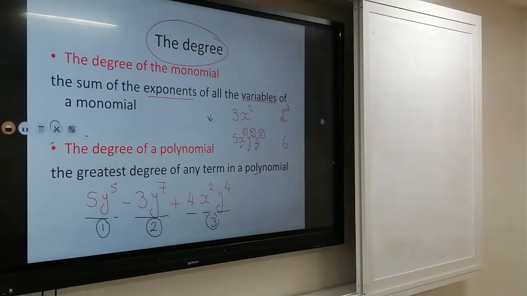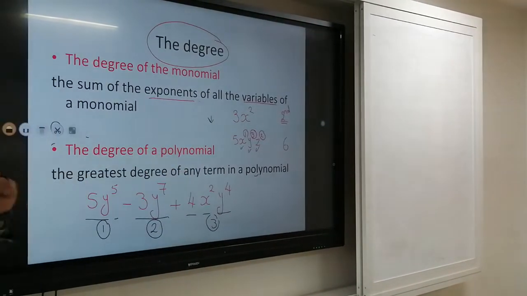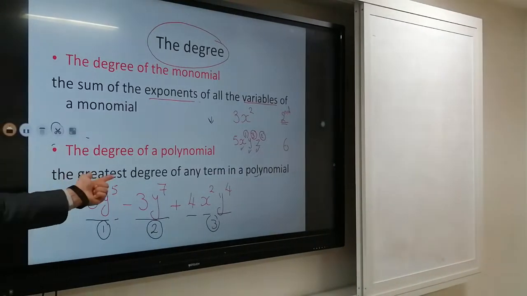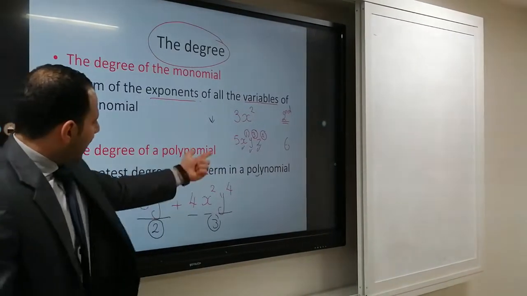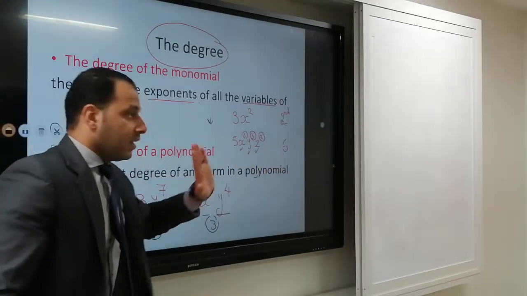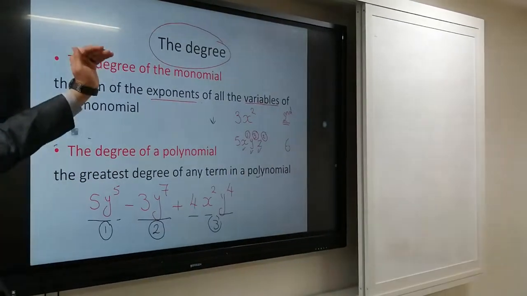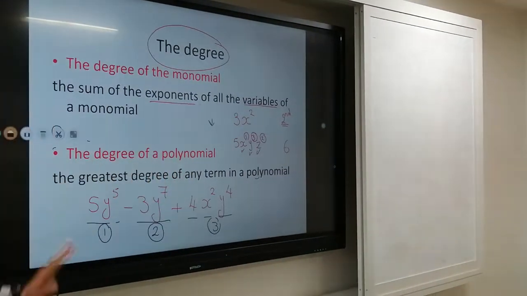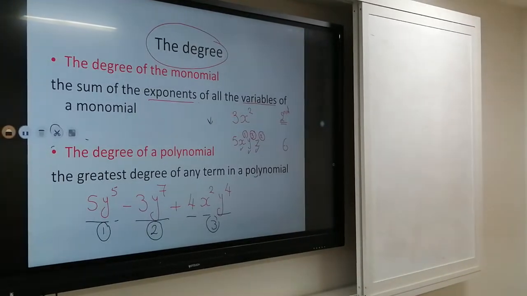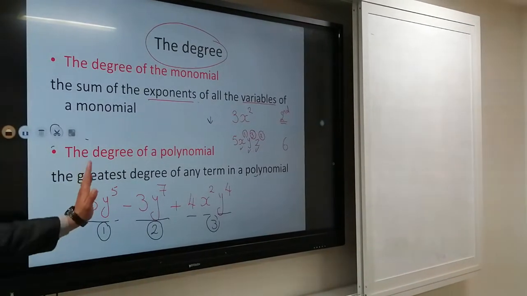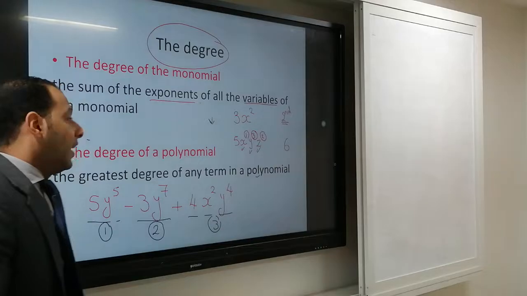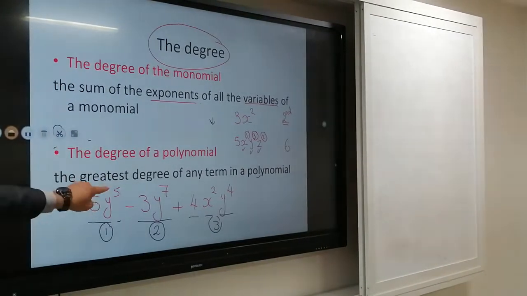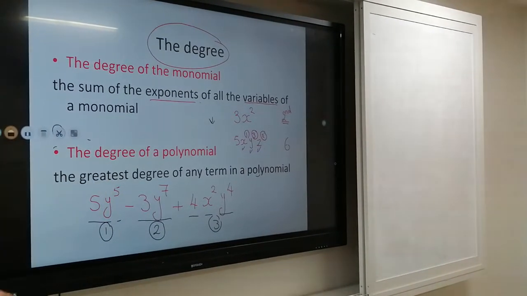The first step to get the degree of the polynomial, let's go to the definition. The degree of any term in the polynomial, the greatest degree of any term. So we go to each term. As you said, we have 3 terms. Can you get the degree of the first term?